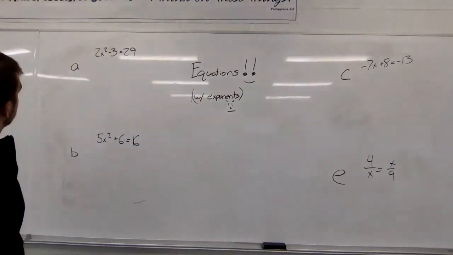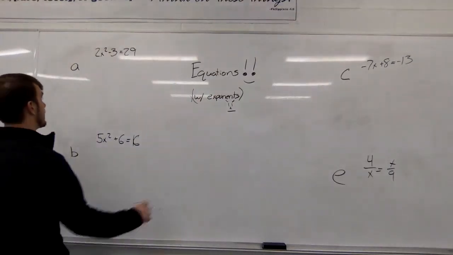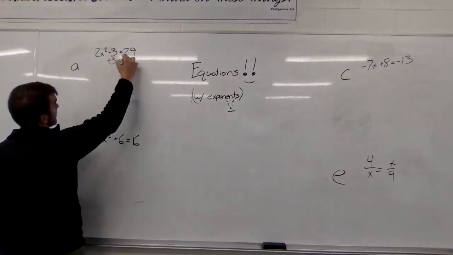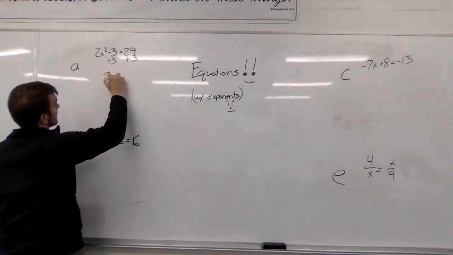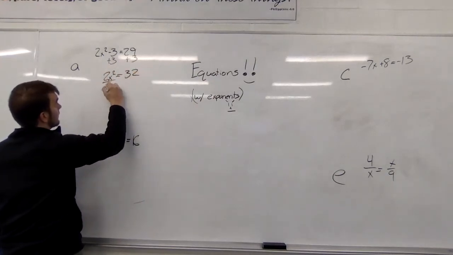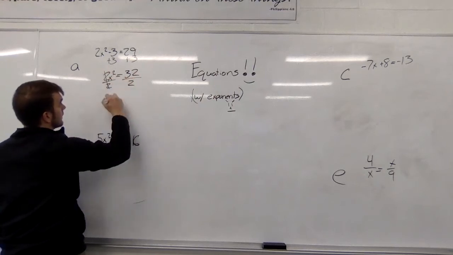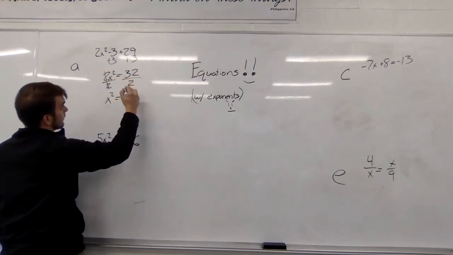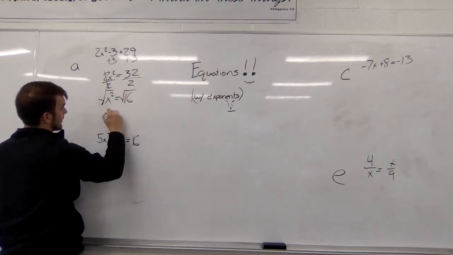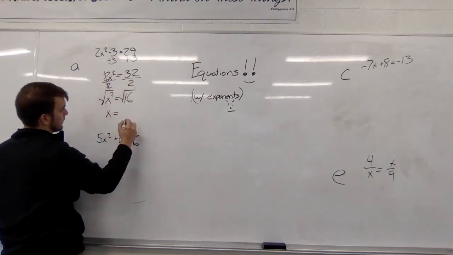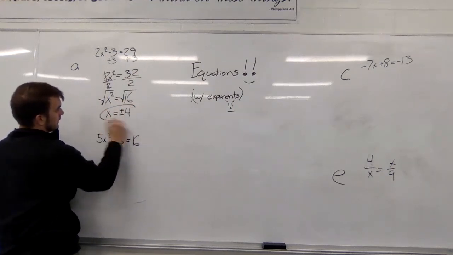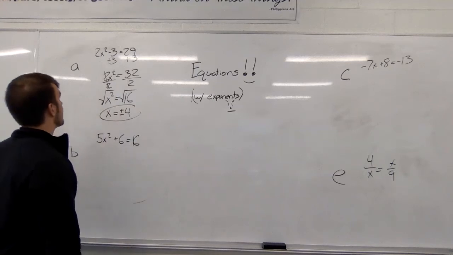So A, in the practice set, you have 2x squared minus 3 equals 29. I'm just going to do this here. Plus 3, plus 3, 2x squared is equal to 32. Divide both sides by 2. X squared is equal to 16. Square root, x is equal to 4, and it could be positive or negative. So x equals positive or negative 4.